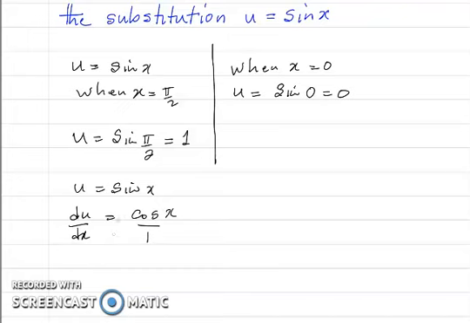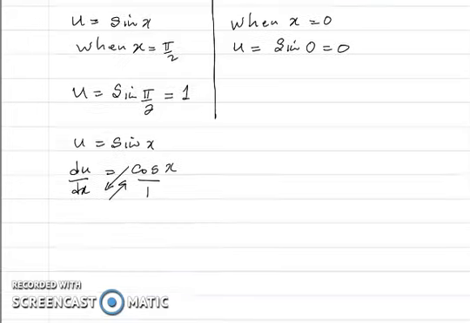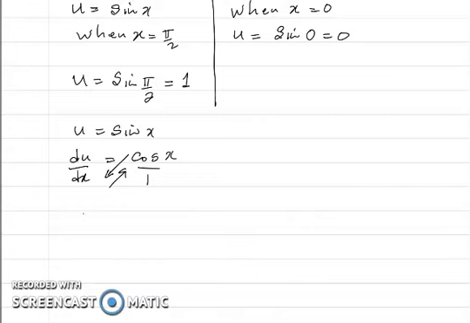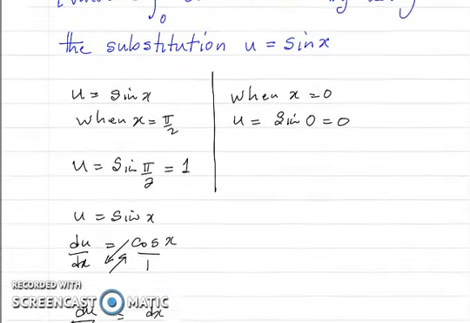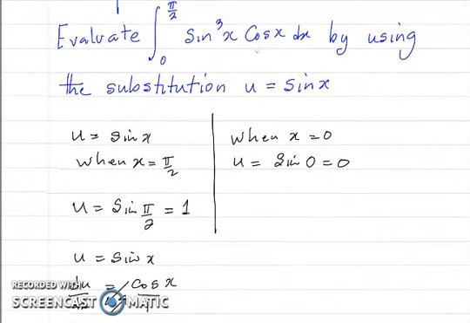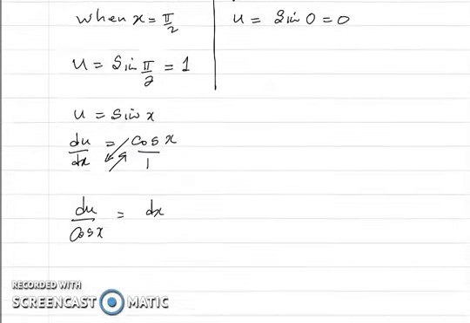Put this over 1, bring cos x down there, bring dx up here. We're going to have du over cos x is equal to dx. And we do not have to worry about that cos x because it's going to cancel the cos x that is up here. All right, so now we're ready to write our integral in u.